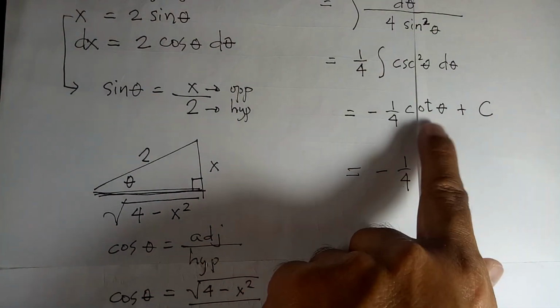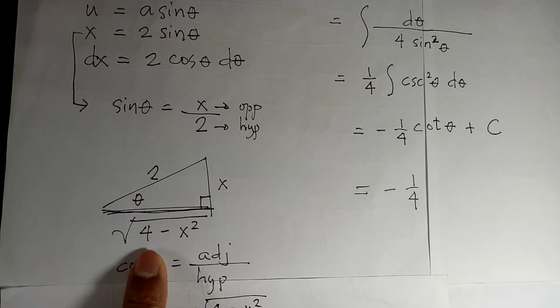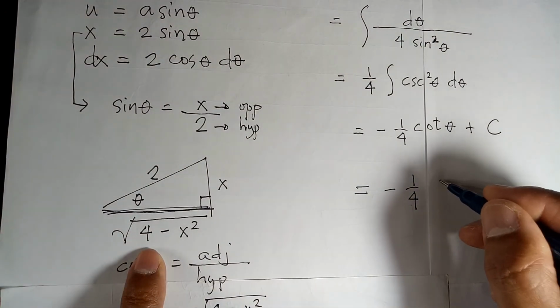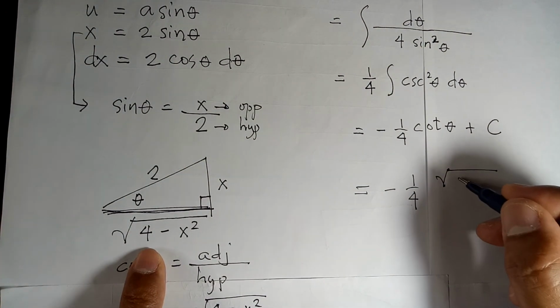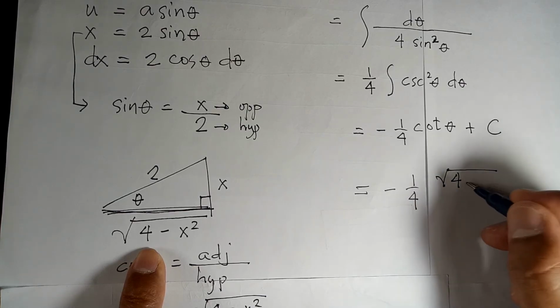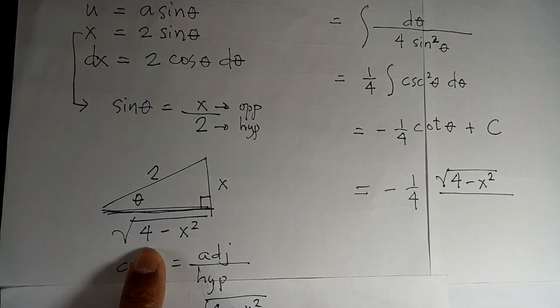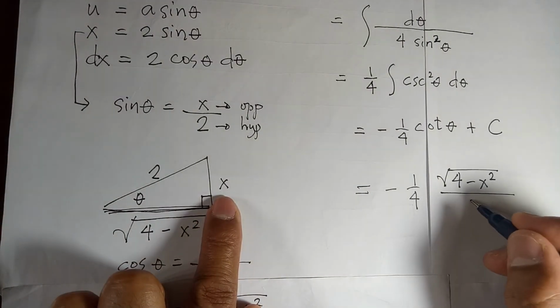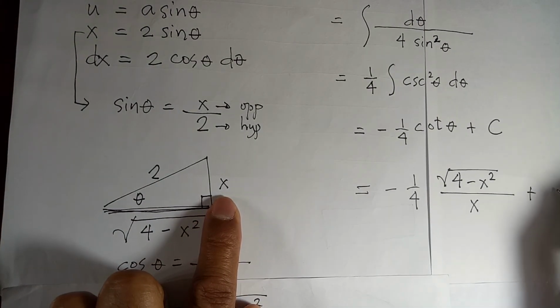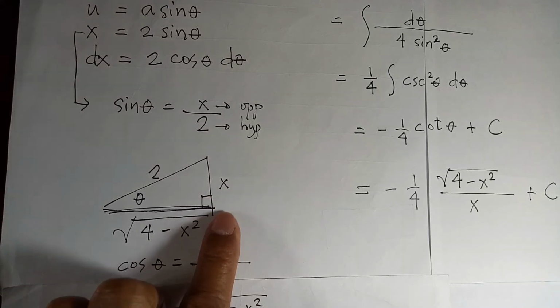So, yung cotangent theta equals sa square root of 4 minus x squared divided by x, and then plus c. Okay?